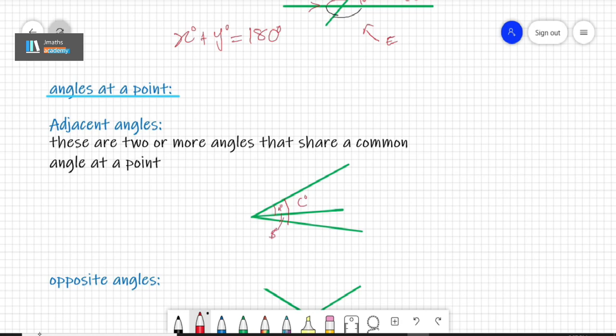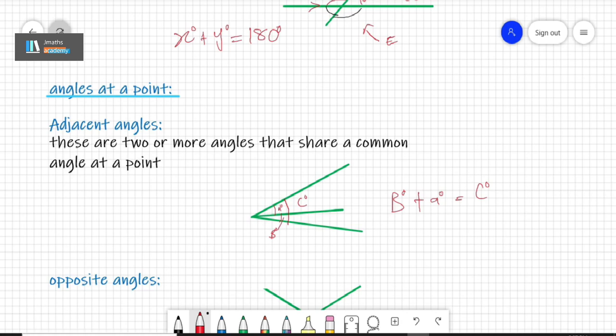Adjacent angles can also be added. So for instance, we have B degrees plus A degrees to give C degrees. So this is basically what it means when you hear adjacent angles. Adjacent angles are just angles that share a common angle at a point.